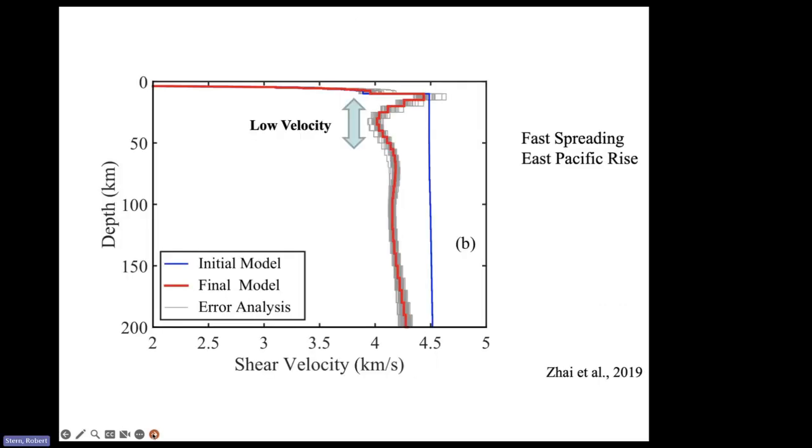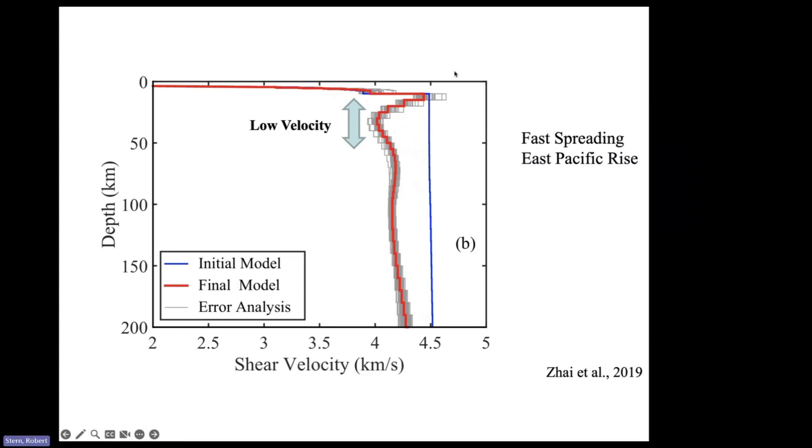All right, so this is another one. This is for near the spreading East Pacific Rise, and this is shear wave velocity, V sub S, right? So here we're looking at the crustal velocities would be somewhere there. That's the oceanic crustal thickness. So all of this is in the upper mantle.